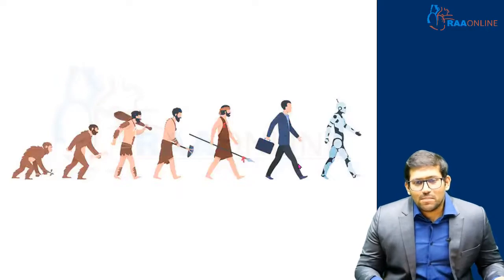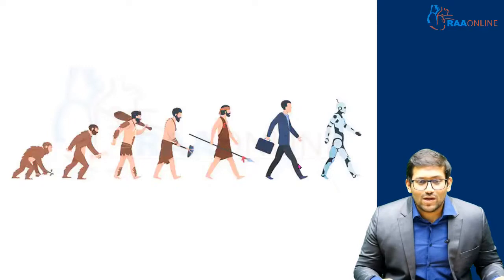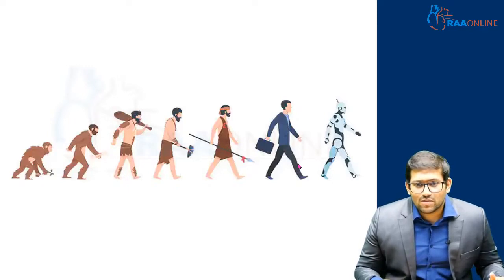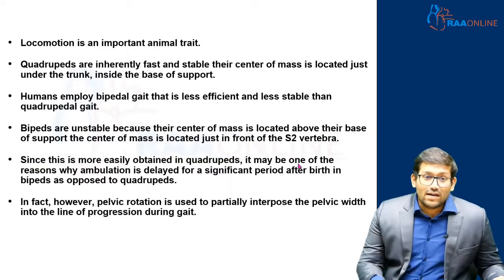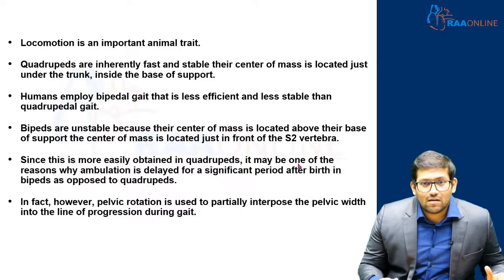We have changed in a huge manner from using 4 limbs to now using only 2 limbs. So what are the implications of this? You need to know that locomotion is an important animal trait, and that was one of the most important things which played in the reflection of the whole cycle of survival.